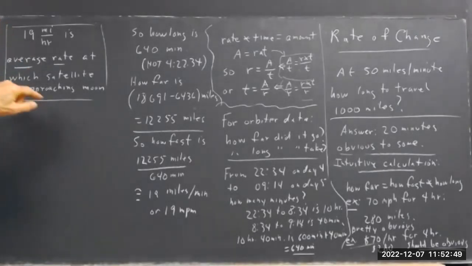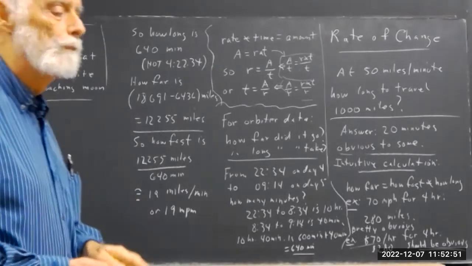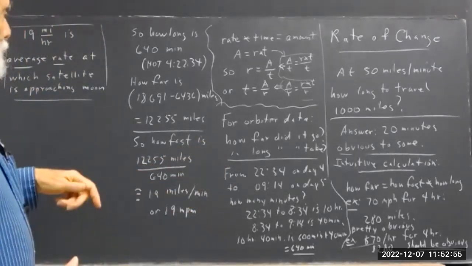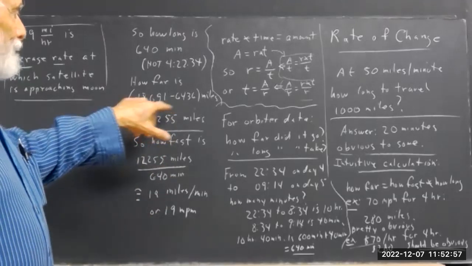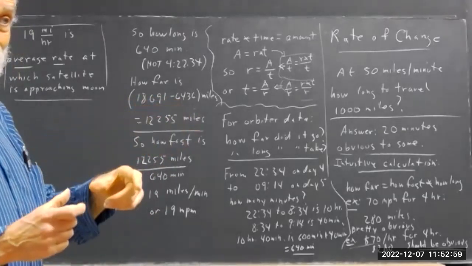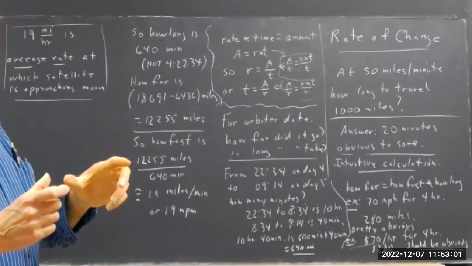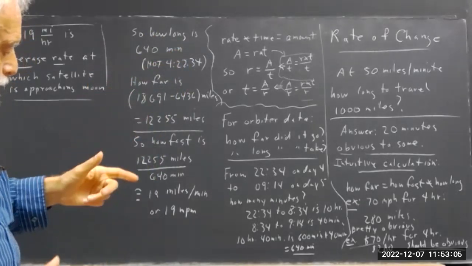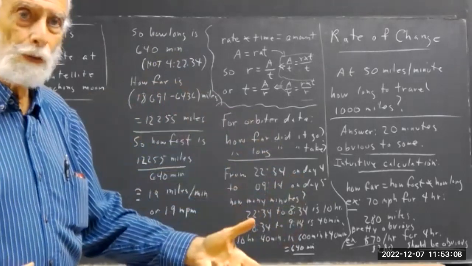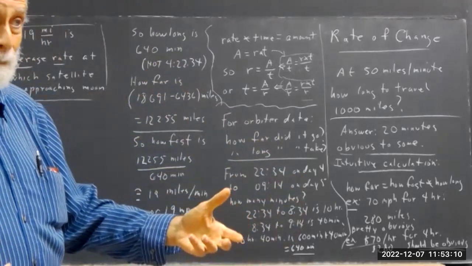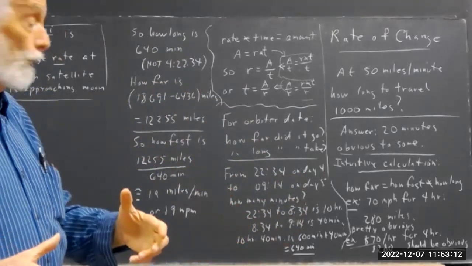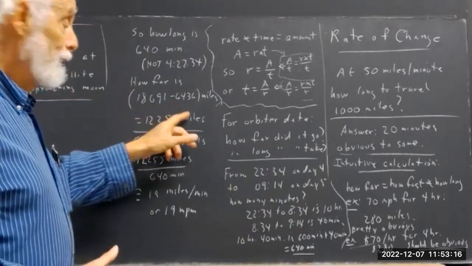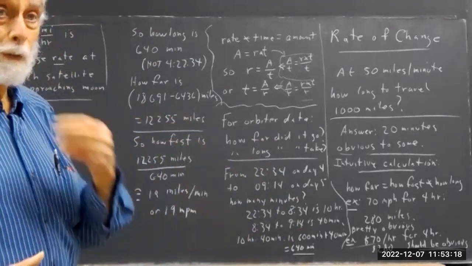Now, this is an average rate because the Earth's gravity at these distances is weaker. Okay, Earth's gravity at distances of around 230,000 miles is weaker than the moon's gravity at a distance that's only a fairly small fraction of that.